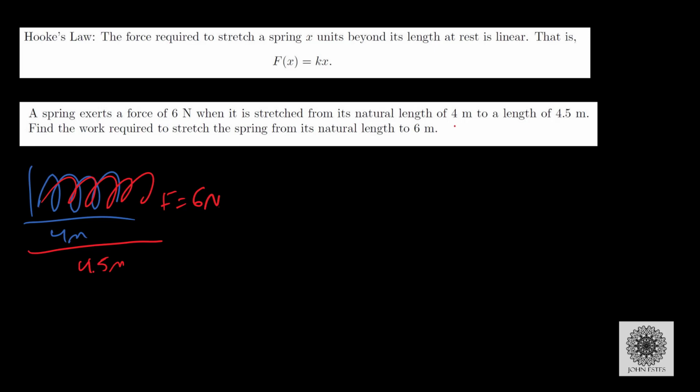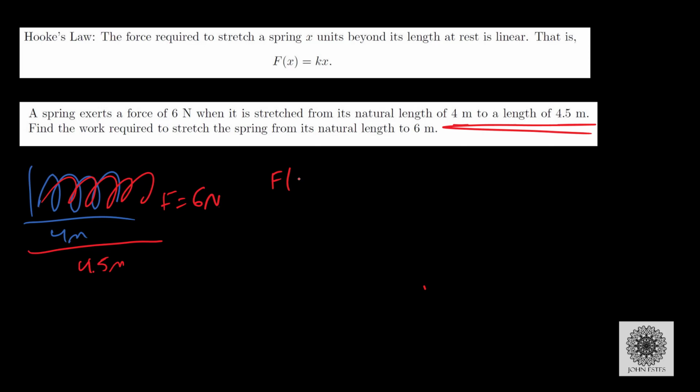Okay, so we need this first part here, talking about the half meter part, to help us figure out what k is in this instance. So what we know is that if I plug in, well, let's see, I stretch from 4 to 4.5 meters.